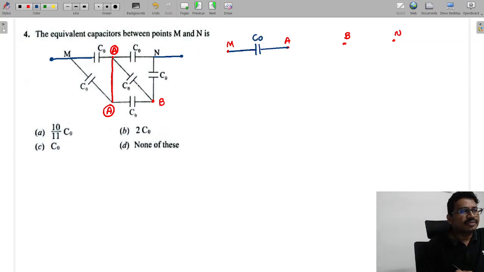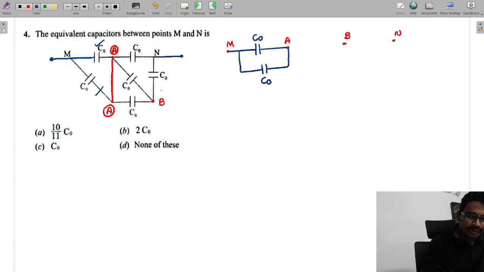All are equal values only. Next between M to A, we have one more capacitance, place that capacitor. This value is C0. Now this is also over.